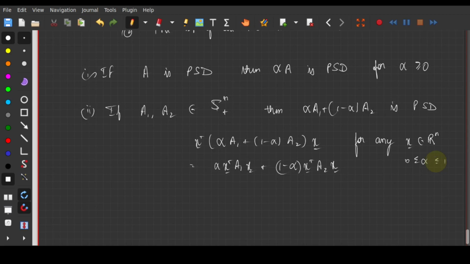I can't take alpha to be any positive number, because if alpha is greater than 1, then 1 minus alpha would be negative.